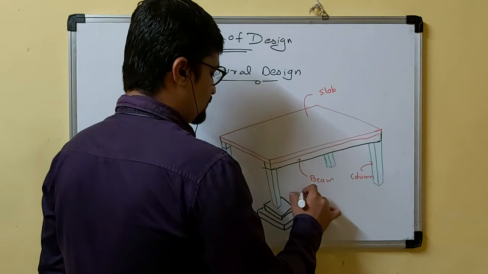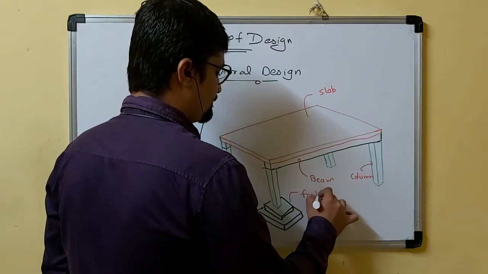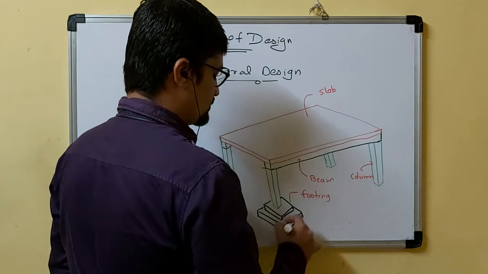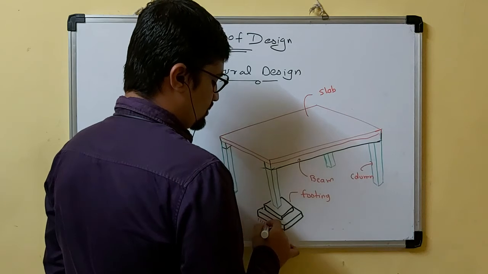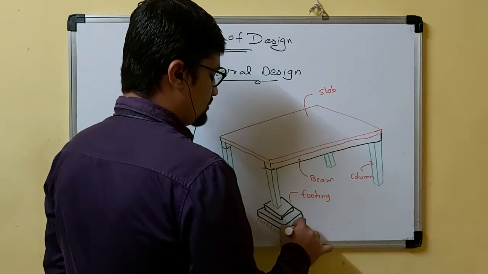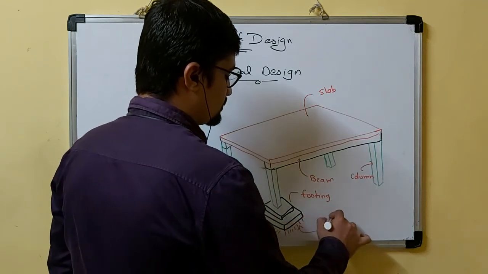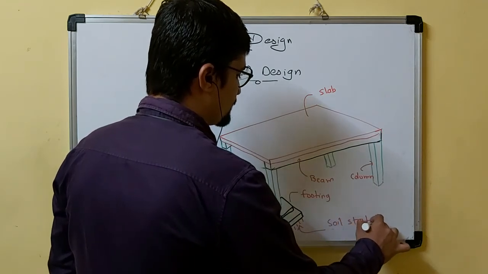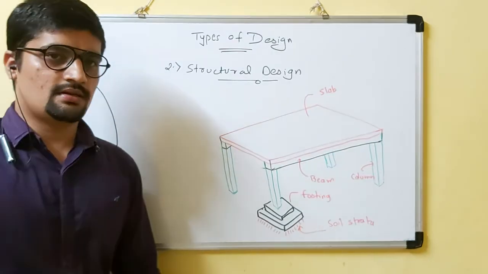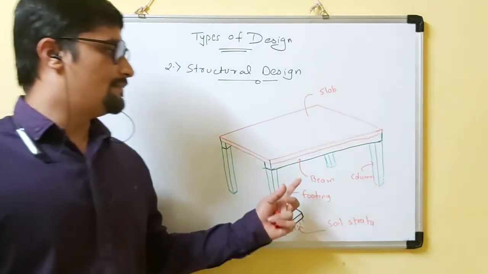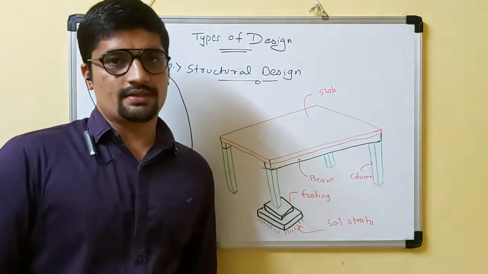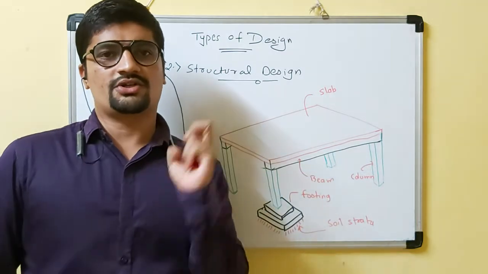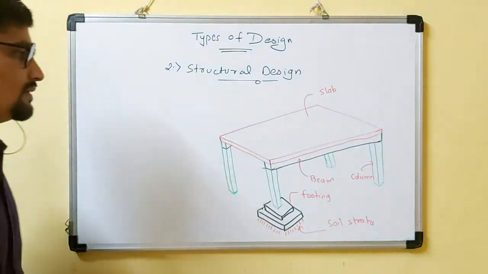This one is footing. And this is soil strata. So these are all the elements of a structure: slab, beam, column, footing, and soil strata. Combining them, they make a structure.